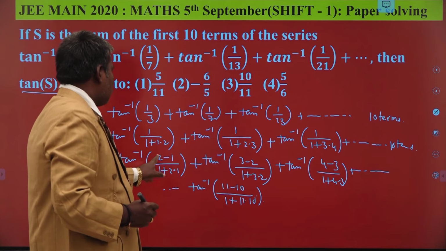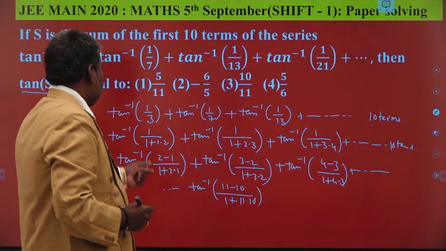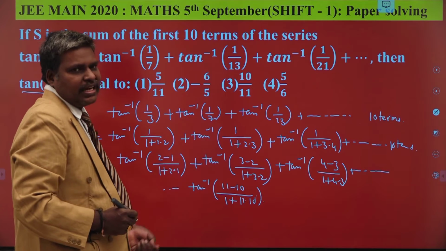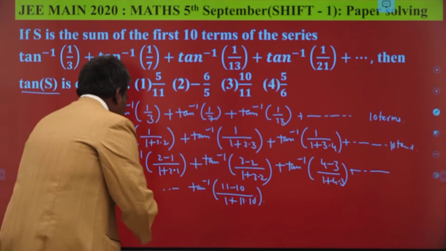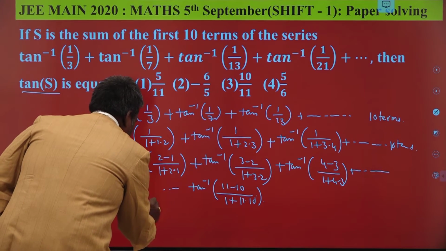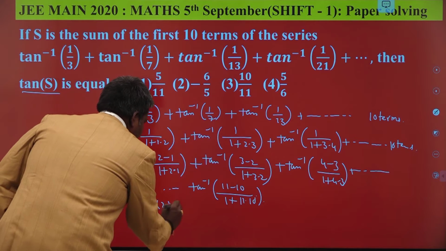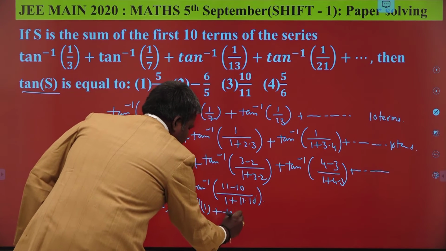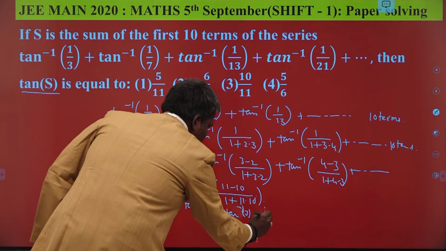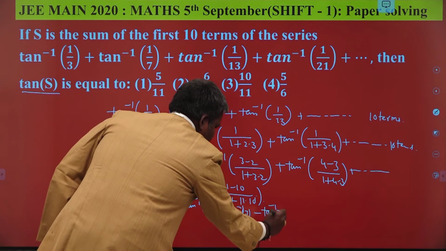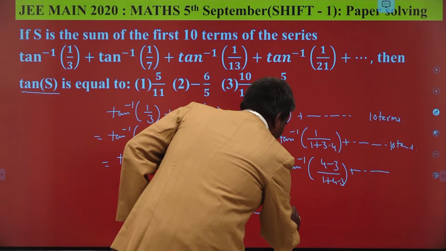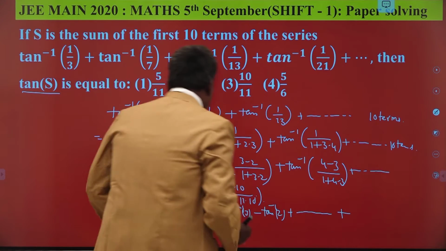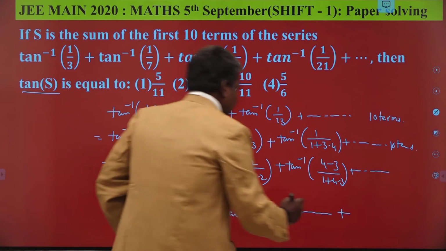Tan inverse of (b minus a) by (1 plus ab) is nothing but tan inverse b minus tan inverse a. So this is tan inverse 2 minus tan inverse 1 plus tan inverse 3 minus tan inverse 2, and so on up to the final term, tan inverse 11 minus tan inverse 10.